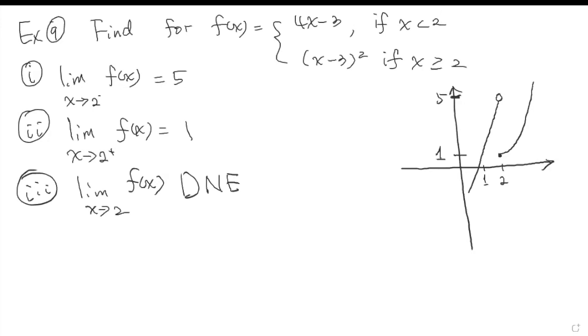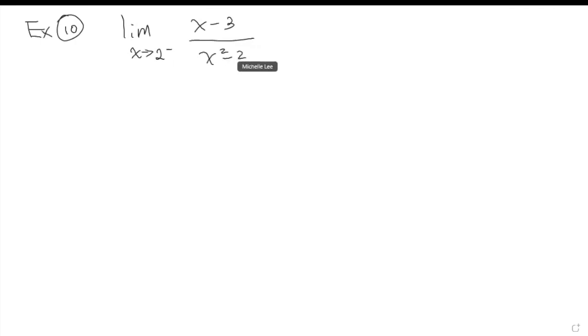All right, so let us do the next one. Let me erase. Number 10. The limit as x approaches 2 from the left of x minus 3 over x squared minus 2x. Okay.